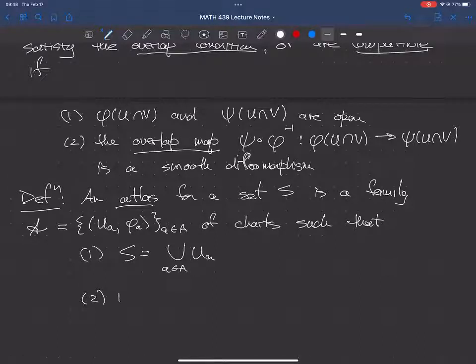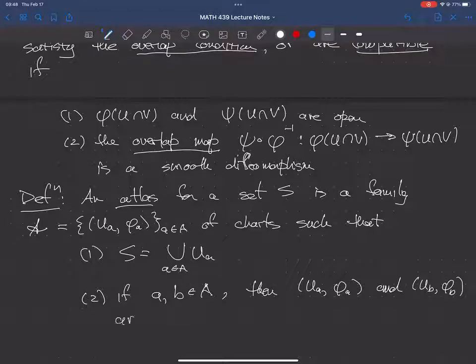And if I take two charts labeled by possibly different symbols A and B, then (U_A, V_A) and (U_B, V_B) are compatible.